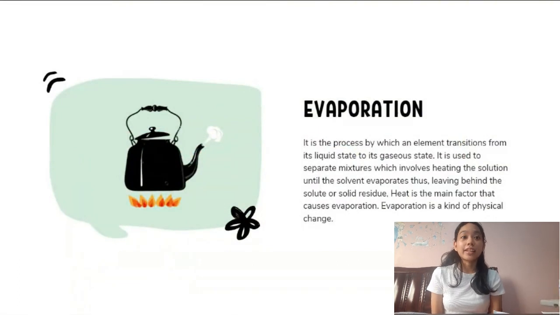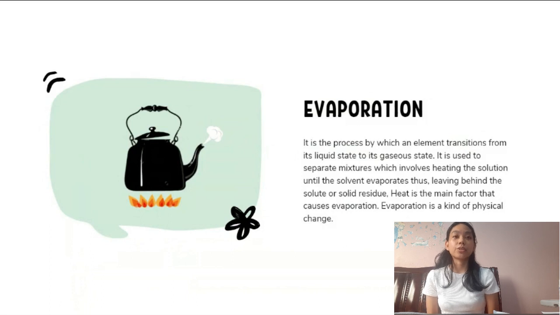Before tayo mag-start, I want to define some terms for you. First, evaporation. I know that siguro marami na sa inyo ang nakakaalam kung ano nga ba ang evaporation, pero let me define it again for those who can't remember. So it is the process by which an element changes from liquid to gas or liquid to water vapor.